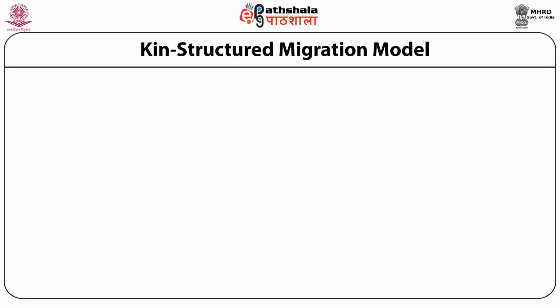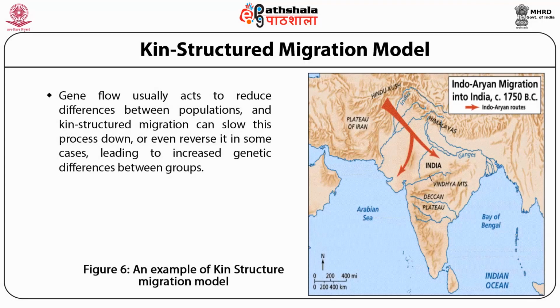The genetic effect of kin-structured migration on the genetic differences between populations is actually the opposite of gene flow. Gene flow usually acts to reduce the differences between populations, while kin-structured migration can slow this process down or even reverse it in some cases, leading to increased genetic differences between populations. Look at the kin-structured migration among the Swedish agricultural group.